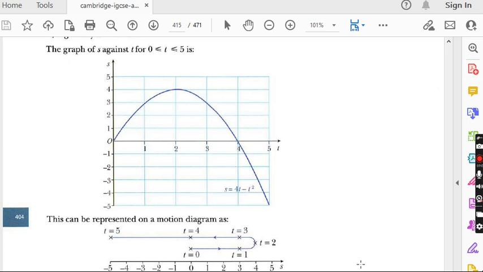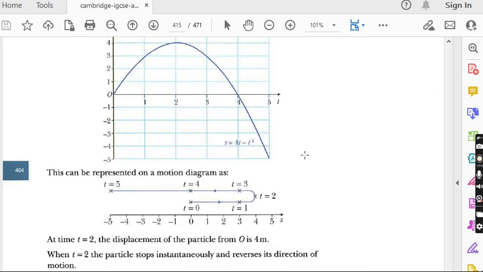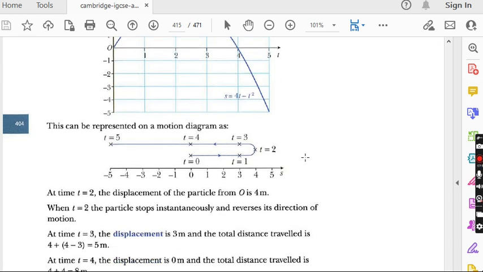So in our motion diagram we also change the direction. At t equals 3, the displacement is 3. In this diagram we have to obtain distance with the help of displacement.